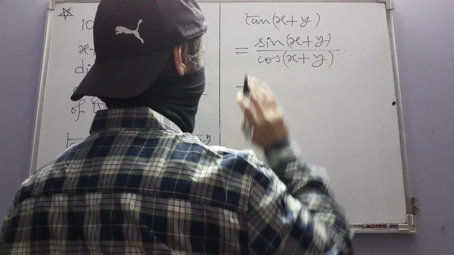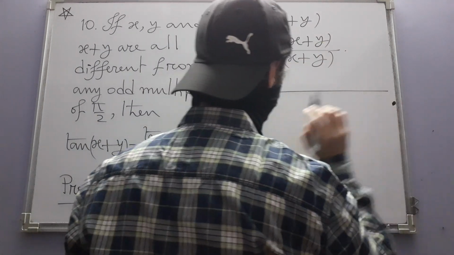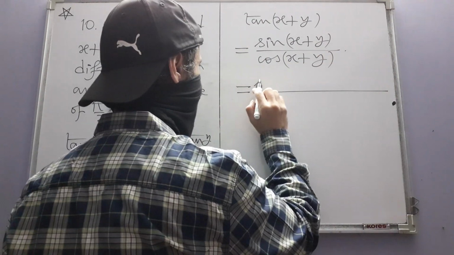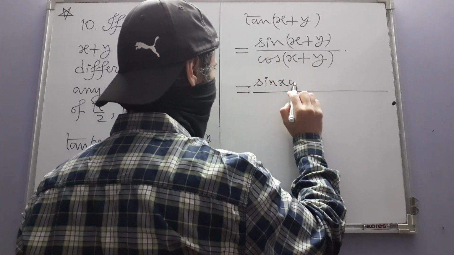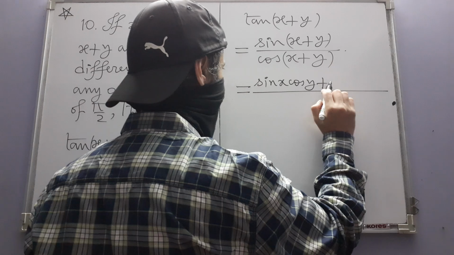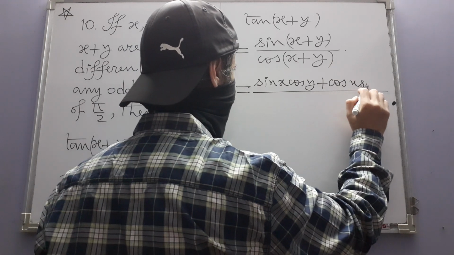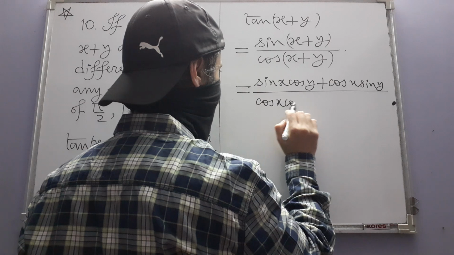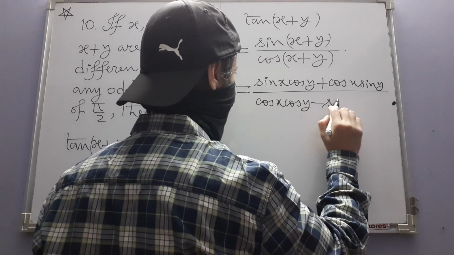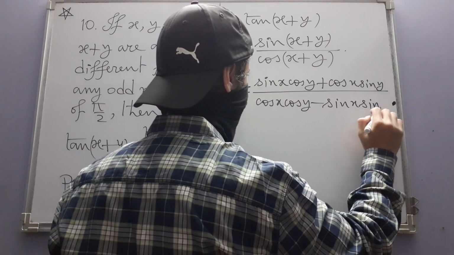So let's apply the formulae that we have found today. The numerator is sin x cos y plus cos x sin y, and the denominator is cos x cos y minus sin x sin y.